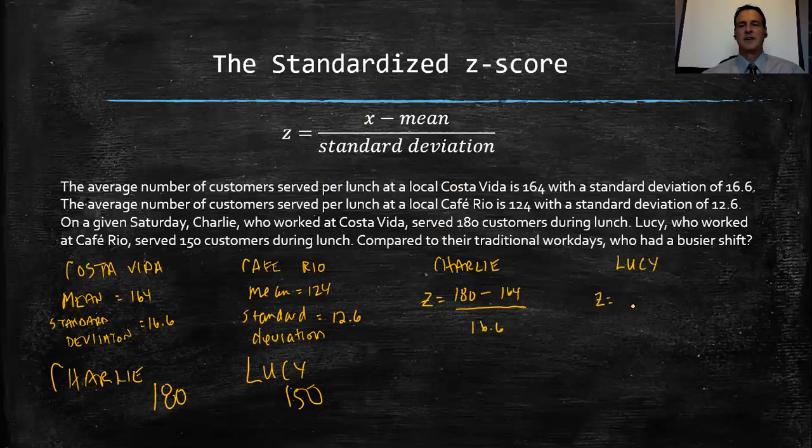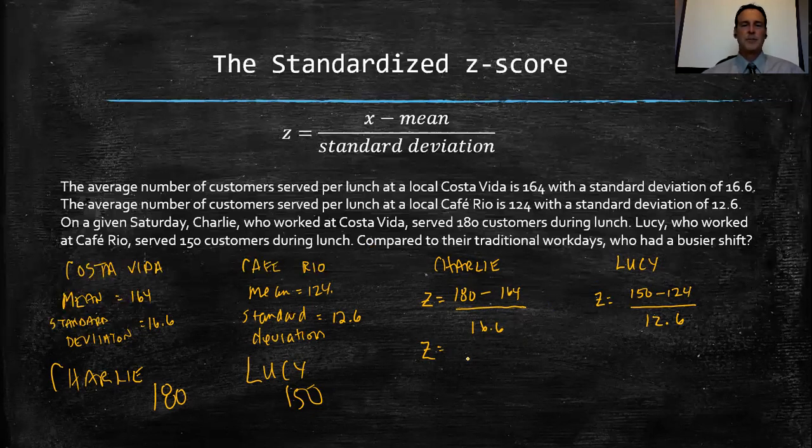And Lucy had 150. That was her score in question, minus the mean over the standard deviation. So that's the setup for each. If that's confusing, take a look at what we have over here, and pause it if you need to, just so that this makes sense.